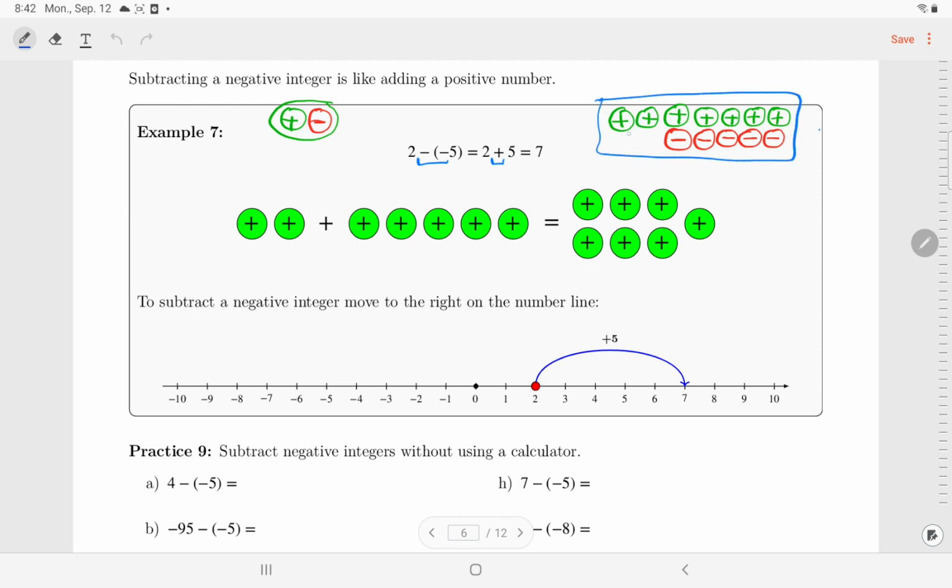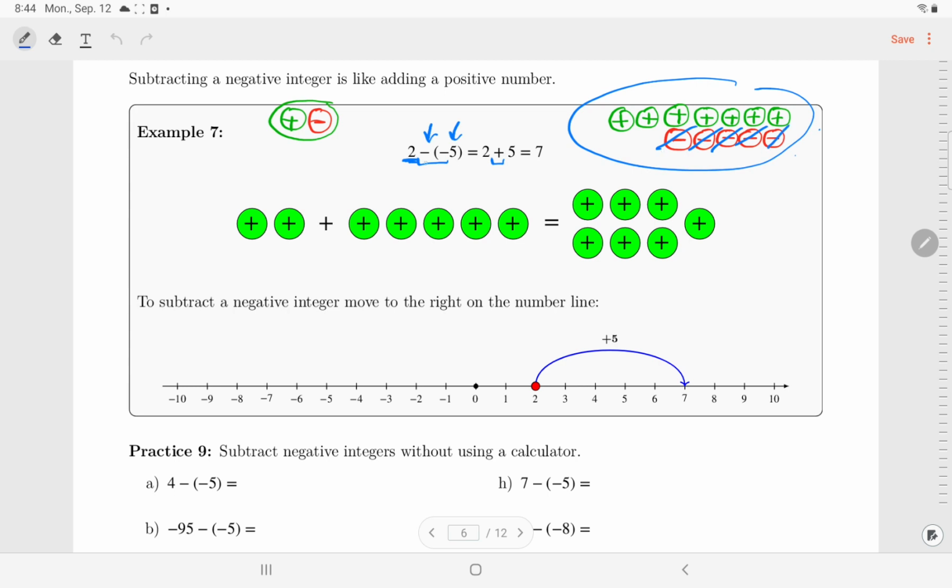Because we start with 2. This is 0, 0, 0, 0, and 0. So all this really represents our 2. Now we have to remove -5. Minus -1, minus -1, minus -1, minus -1, minus -1.